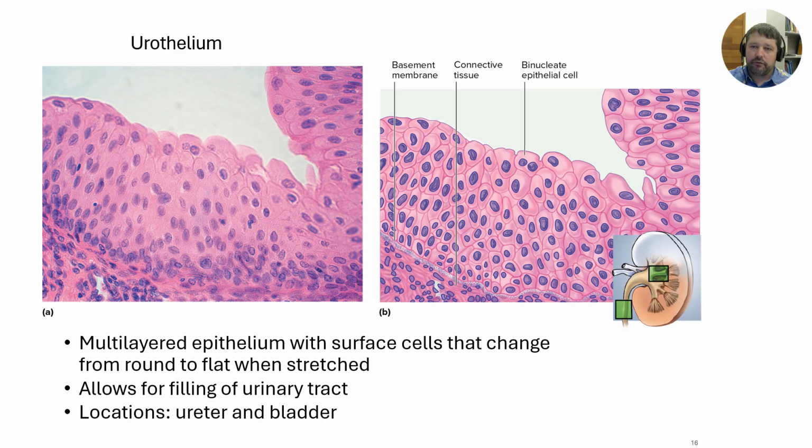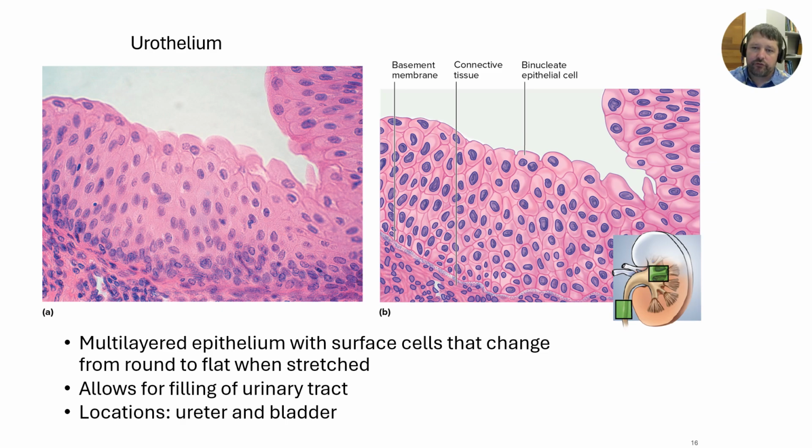The other component that you need to think about is that all the nutrients, for the most part, that are feeding these cells are coming from that connective tissue, so these cells can only be so thick.